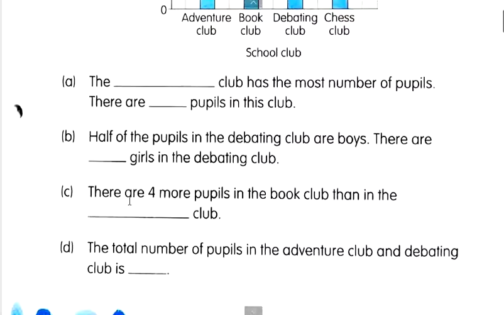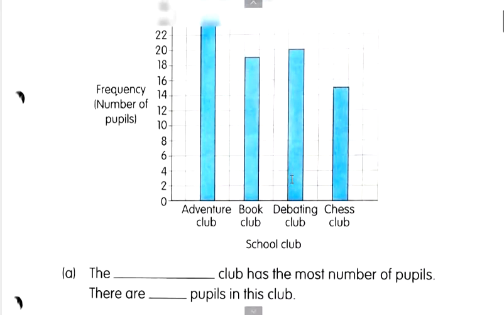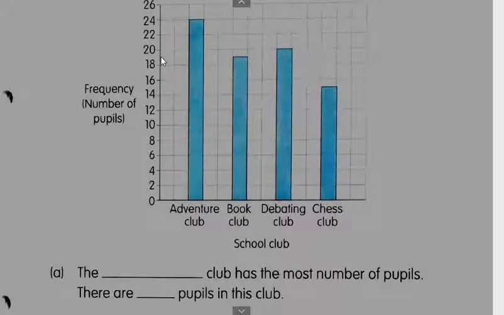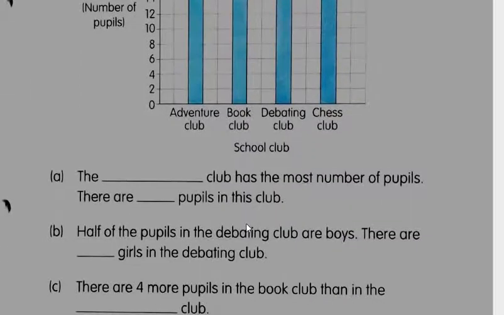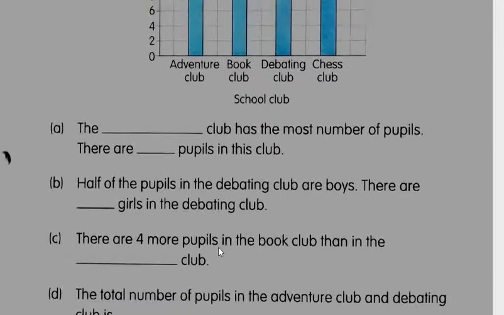Question C, there are 4 more pupils in the book club than in the blank club. Look at the book club. What number does it represent? It is in the middle of 18 and 20. What number is that? It is 19, right? So there are 19 students in the book club and it is 4 more pupils.